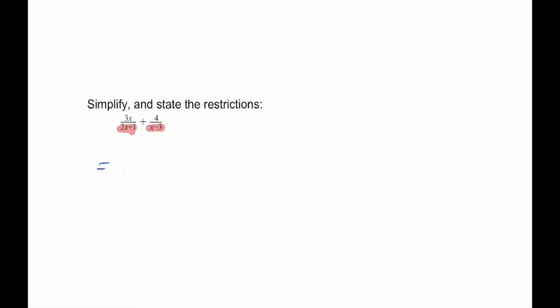So here, I'm going to break this up into two steps, just so you can see what's going on. Our lowest common denominator is going to be 2x plus 1 times x minus 3. Let me rewrite that. That's ugly. 2x plus 1 times x minus 3.